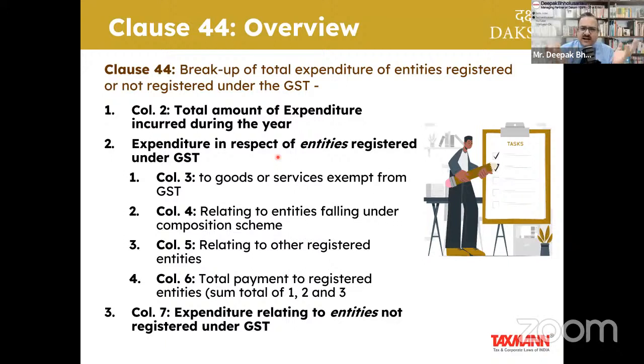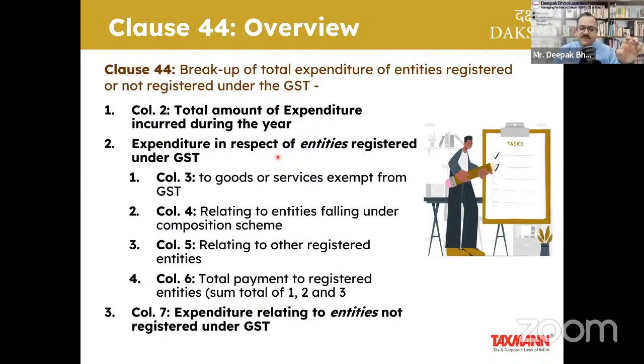So let's say out of 500, I have segregated 400 which is in relation to my suppliers who are registered under GST. Out of those 400, I have to resegregate into sub pockets. The first pocket out of that 400 is in relation to inward supplies on which no GST was levied because it was exempted from GST.